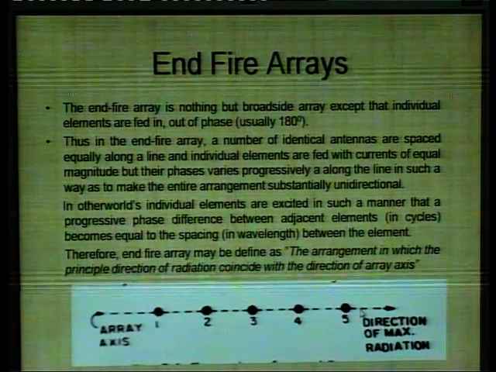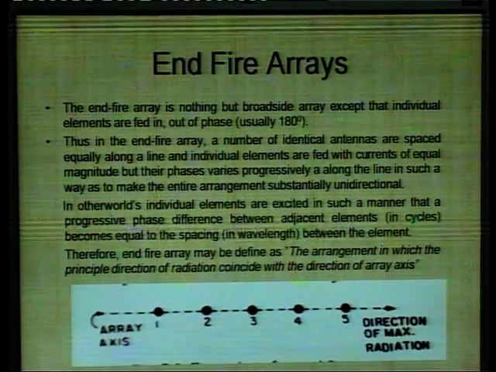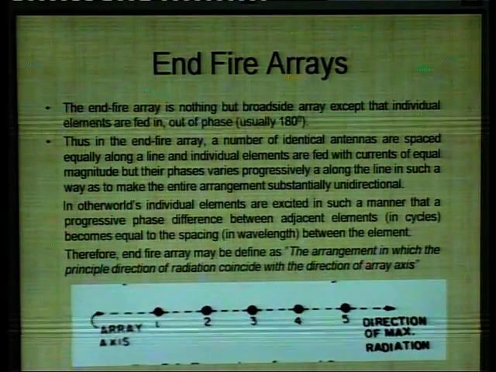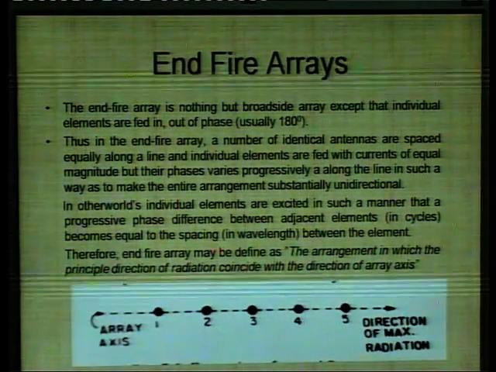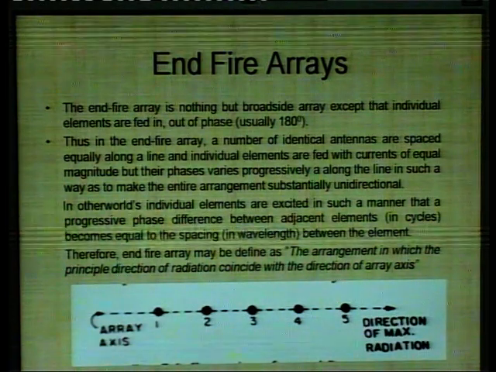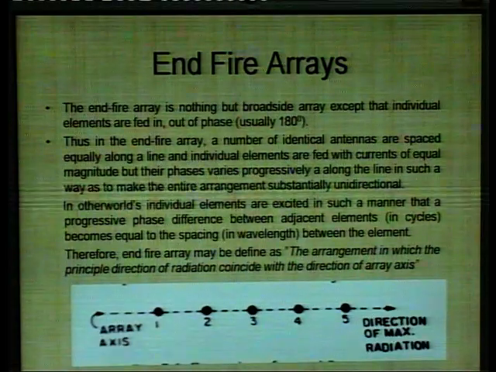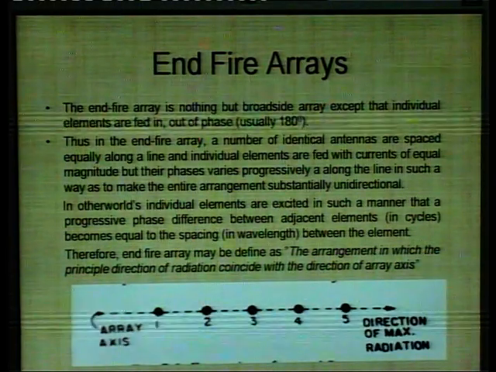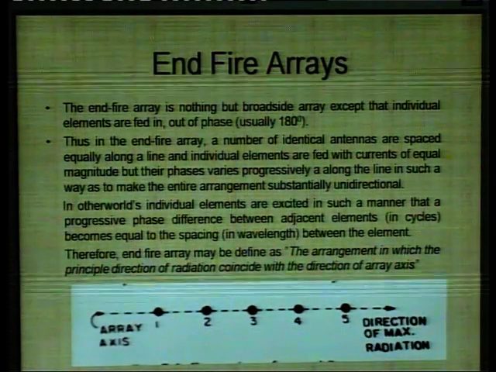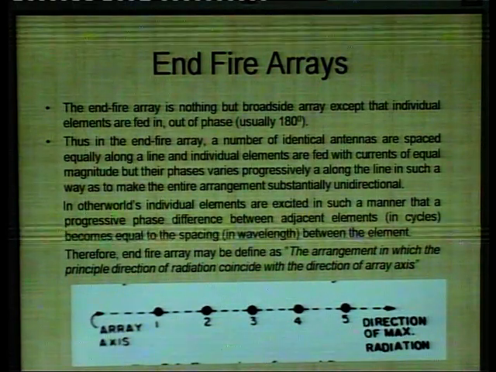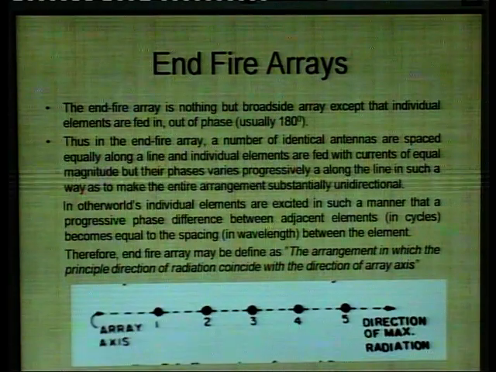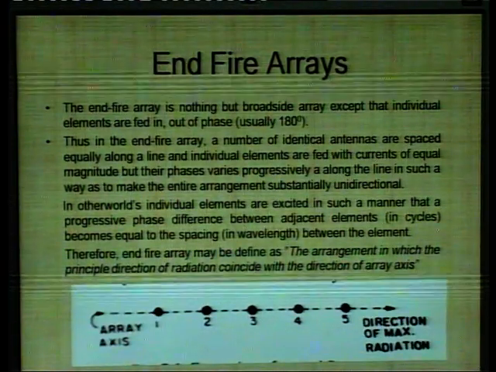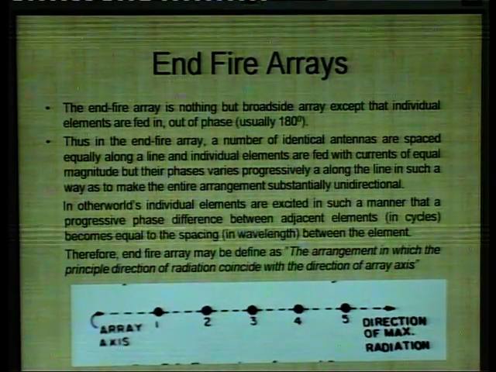So this is the difference between the broadside and end fire arrays. In a broadside array, each element is fed with a current of equal magnitude and the same phase, but in an end fire array there is a phase shift between the elements, generally 180 degrees.